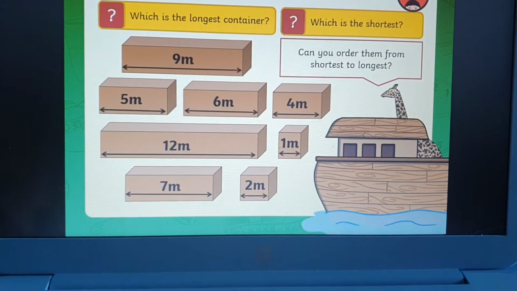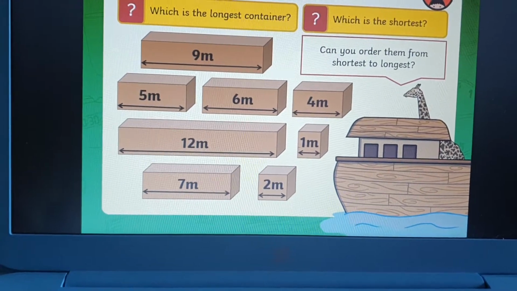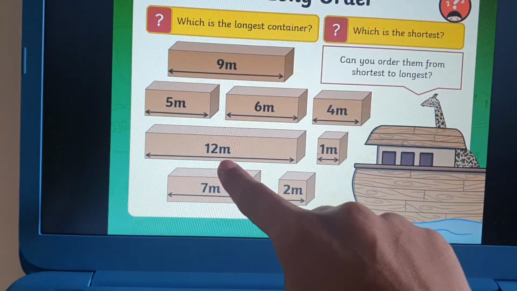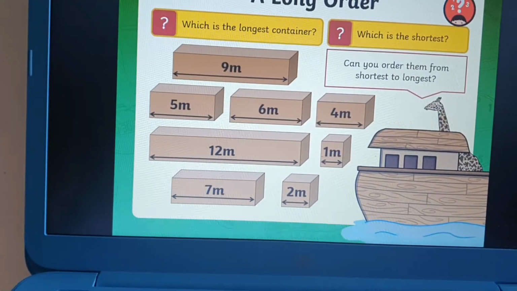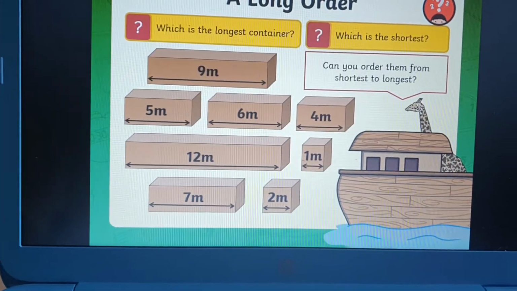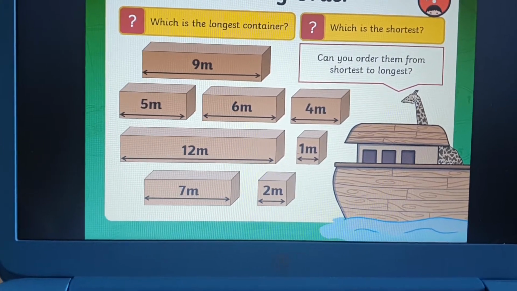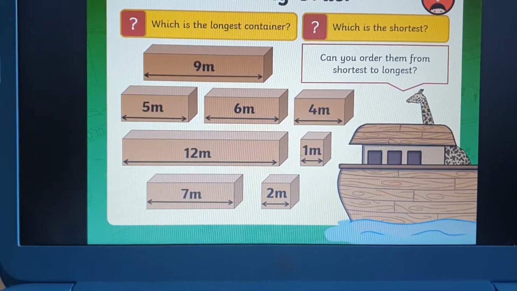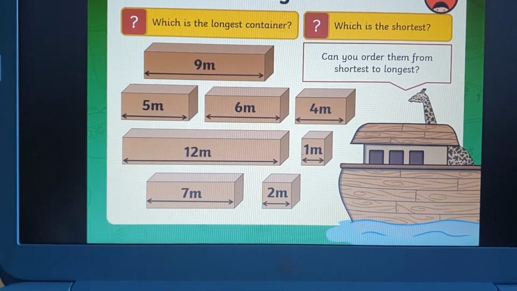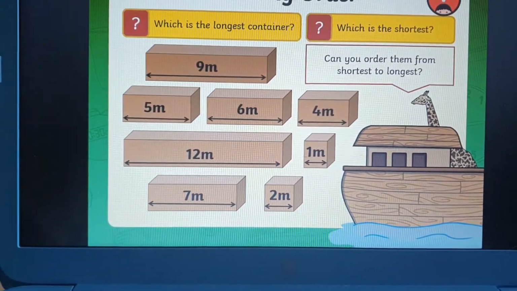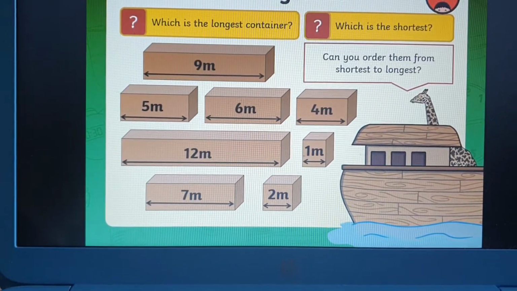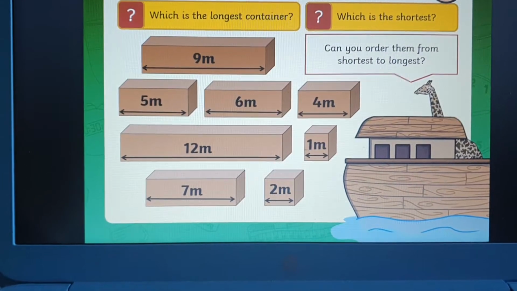If you said 12 metres, you were right. So the M here on the screen, that stands for metres. So these boxes are being measured in metres. So if we know that 12 metres is the longest container, which is the shortest? And if you've said 1 metre, you are correct.